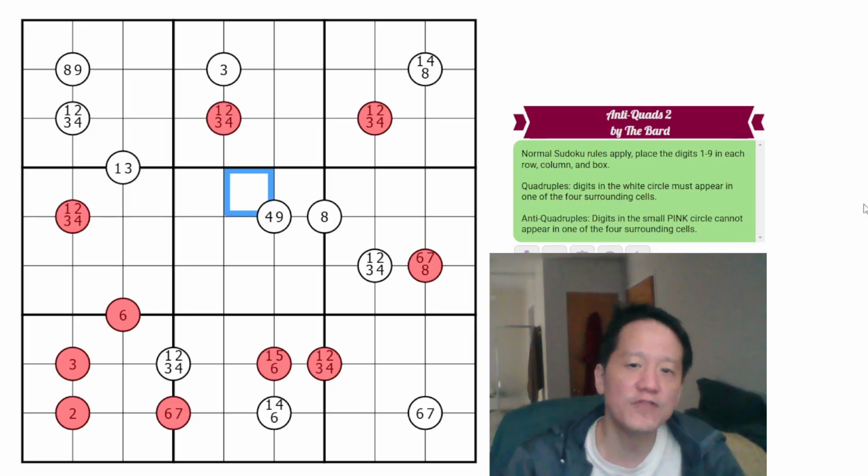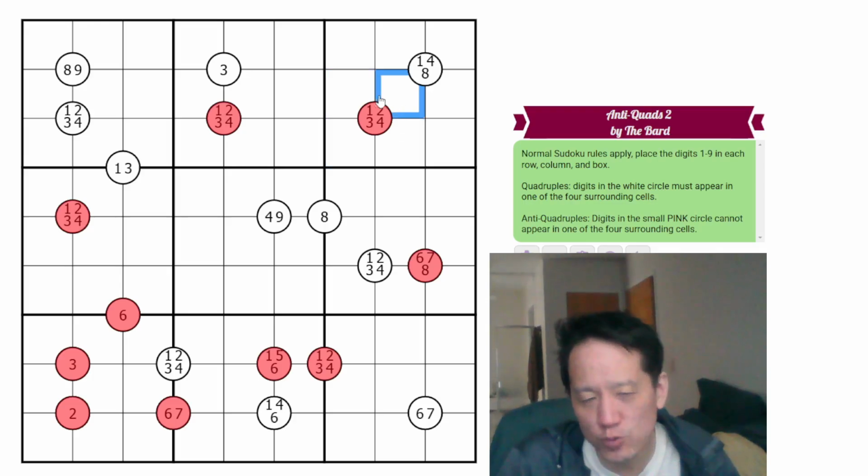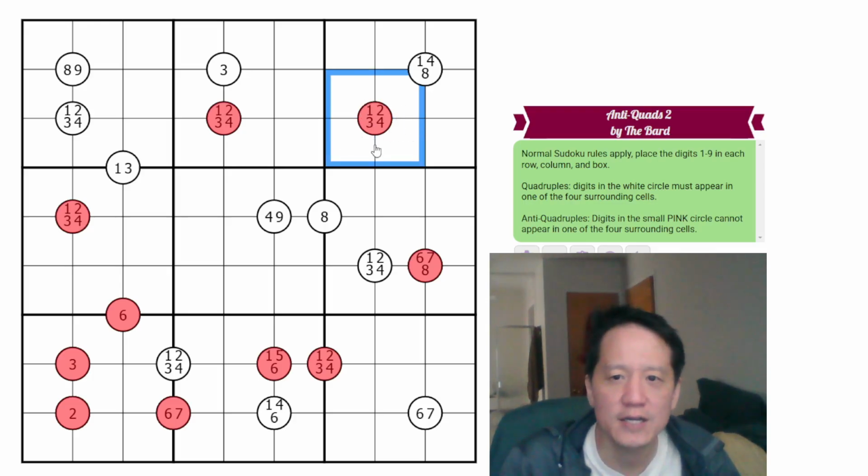We also have the anti-quadruple rule set, which is digits in the small pink circle. It kind of looks reddish to me, but maybe it's pink. Digits in the pink circle cannot appear in any of the four surrounding cells.